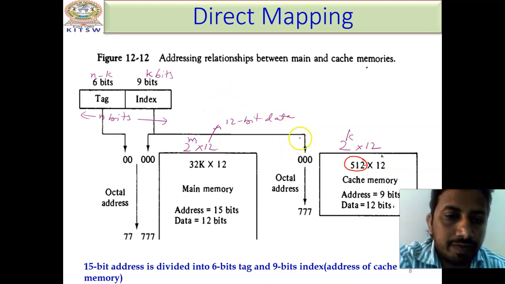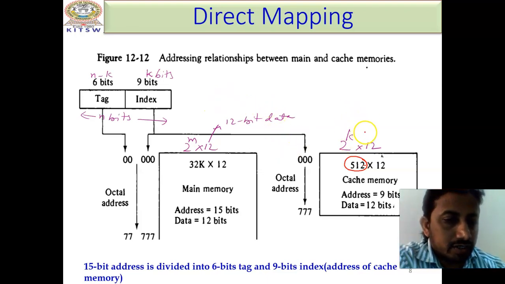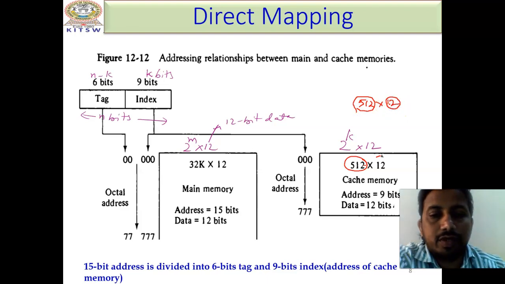This is the example I'm taking here. So it is 512 by 12 bits of data. This 512 by 12 indicates 512 memory addresses, and each memory address is storing 12 bits of data.